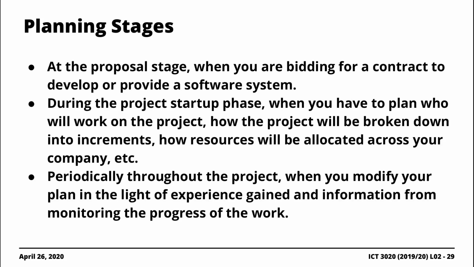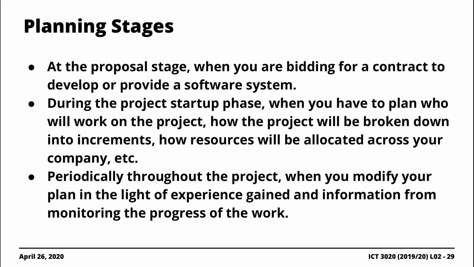All right, so in terms of the different planning stages here, obviously the initial stage is the proposal stage, and what you typically tend to do at the proposal stage is you'd probably be bidding for a tender that you might have come across in the newspapers, for instance, right?